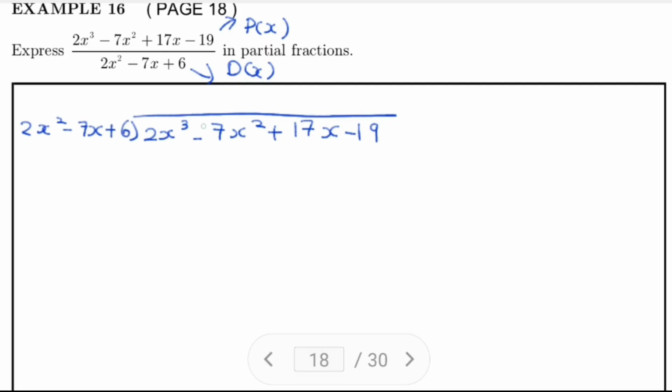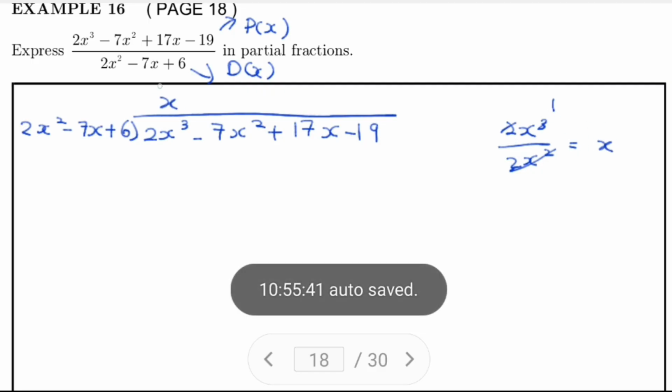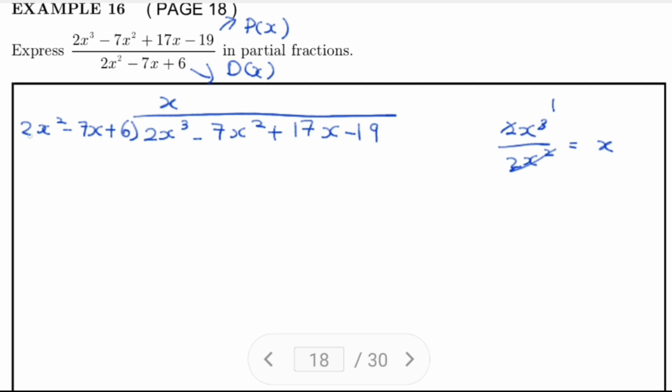So to get 2x cubed divided by 2x squared, we get x. So put x on top of the long division. x times 2x squared, we get 2x cubed. x times negative 7x, we get negative 7x squared. x times 6, we get plus 6x.